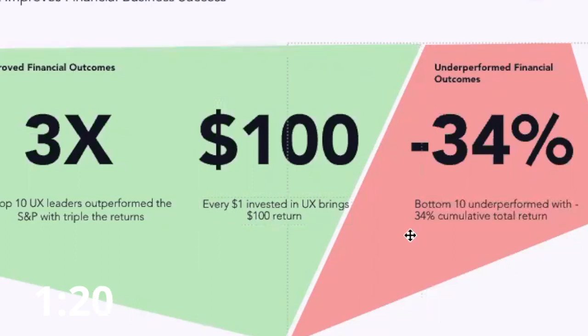And then finally, sort of in contrast, when you look at the financial outcomes of companies that do not prioritize UX, you can see they tend to underperform with less cumulative return than firms that are better in terms of building user-centered products.